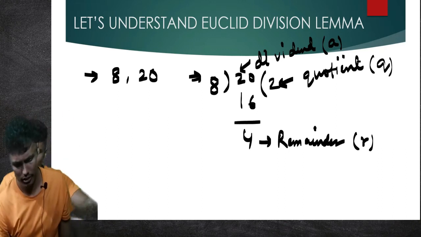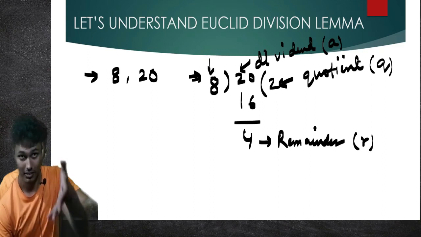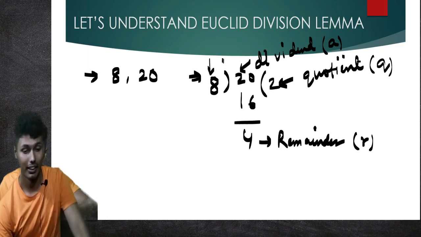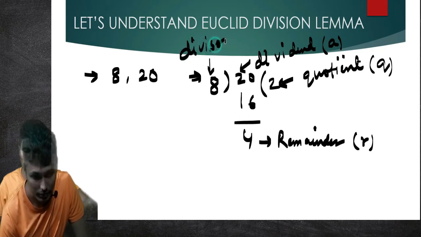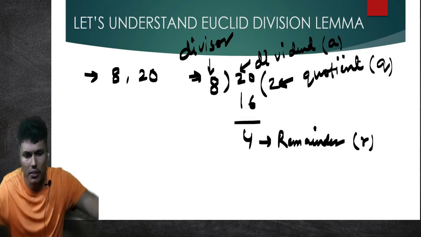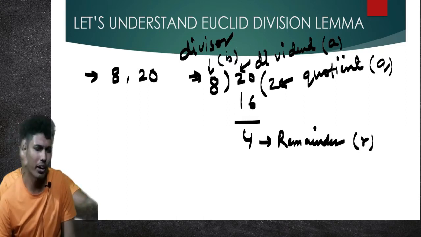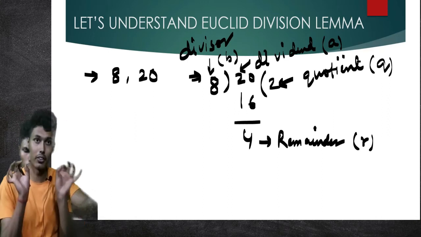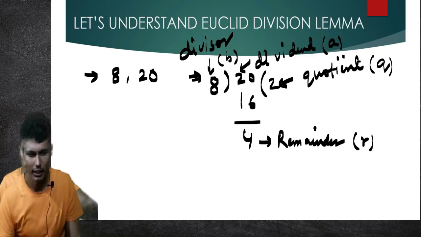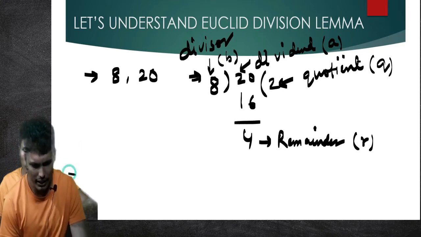Now what is 8 called? It is the divisor. So let us represent the divisor by b. Here the divisor is 8 and we are representing it by b. Then we can make this whole thing an equation.